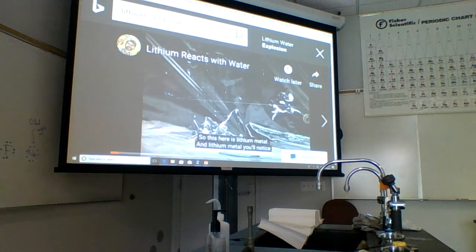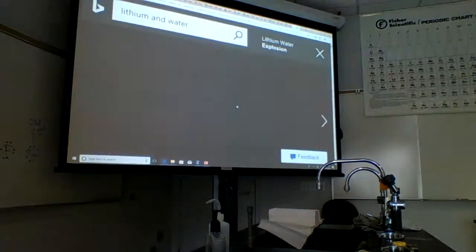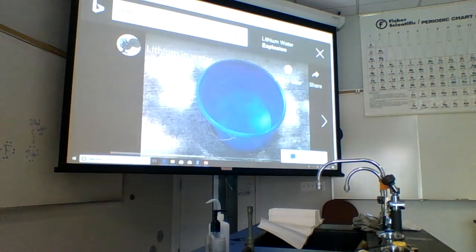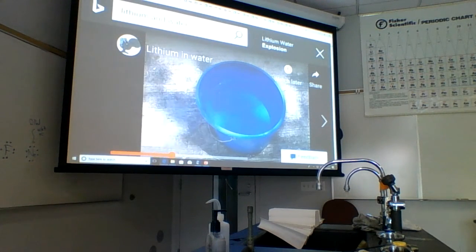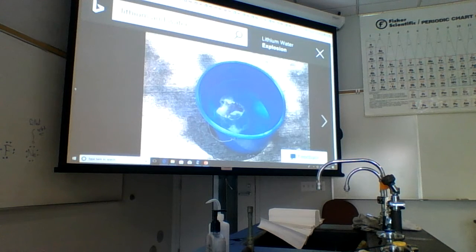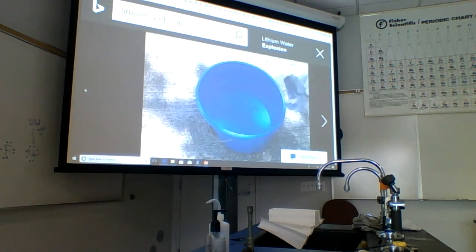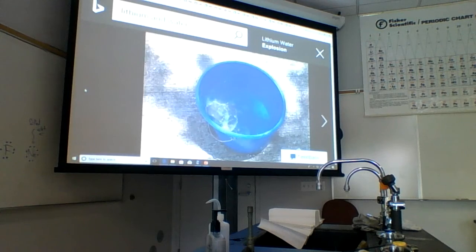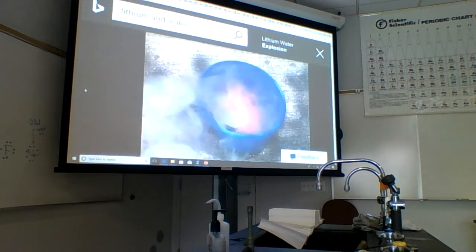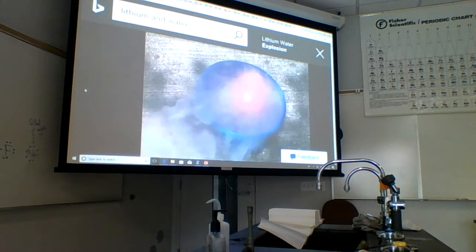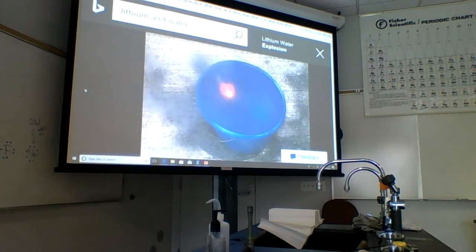This here is a lithium metal, and this is a big piece of lithium. If you did that much potassium, there would be a huge flame right now. If you put that much potassium in, there'd be an explosion.